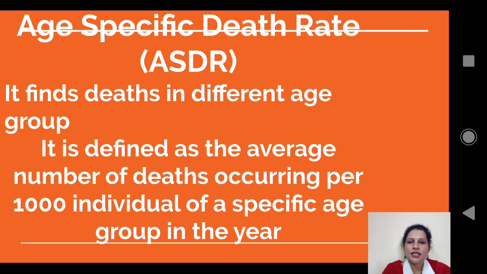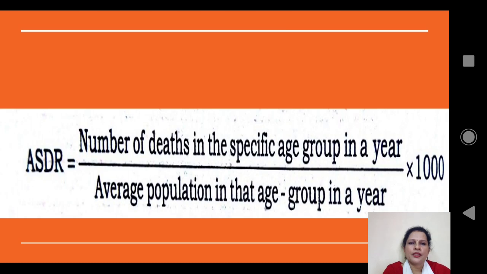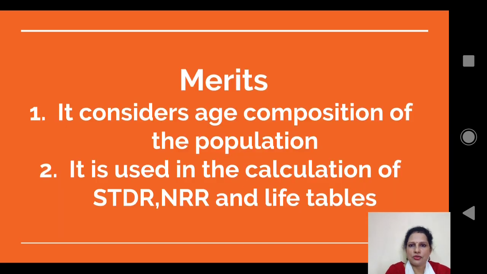That means 21 deaths are taking place per 1000 individuals of the age group 50 to 59. The formula to find ASDR is number of deaths in the specific age group in a year divided by average population in that age group in a year into 1000.